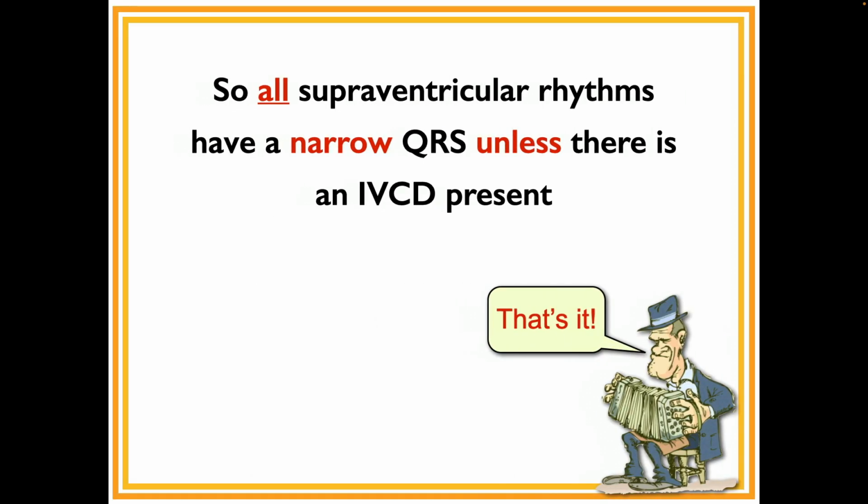So, all supraventricular rhythms have a narrow QRS unless an IVCD is present. What you're going to see when you look in your books and references is sinus rhythm, QRS less than 0.12 seconds. And that's correct unless there's an IVCD present, okay?